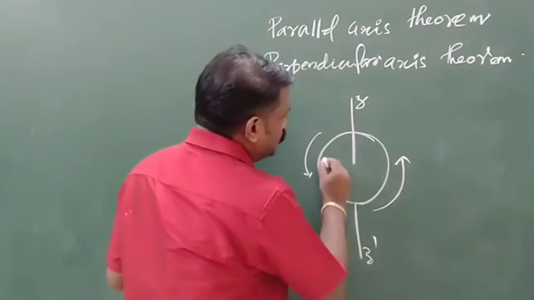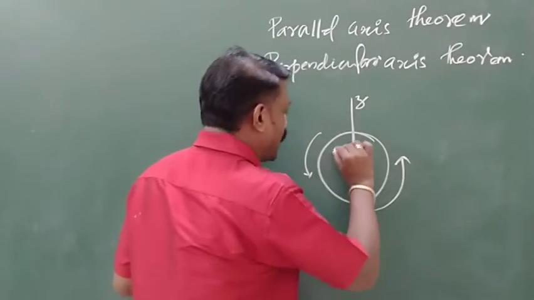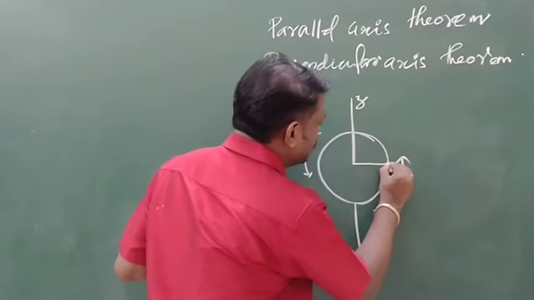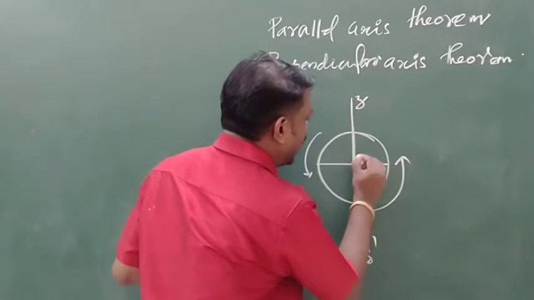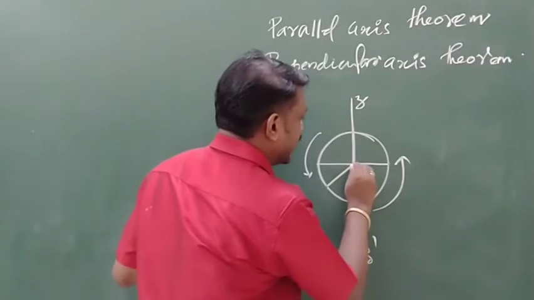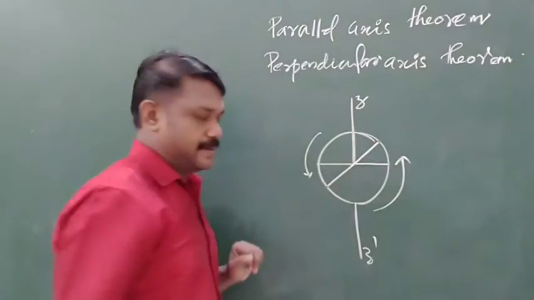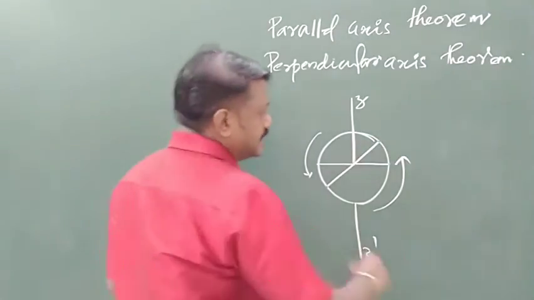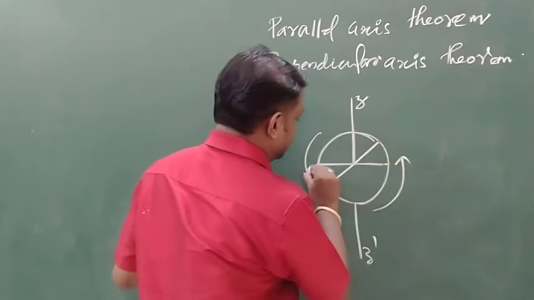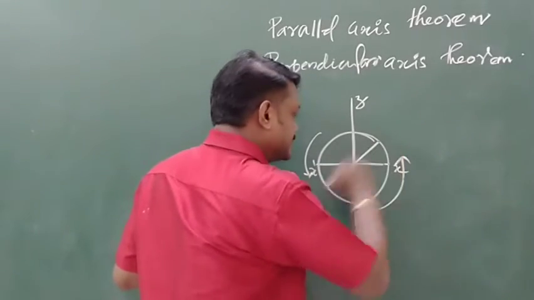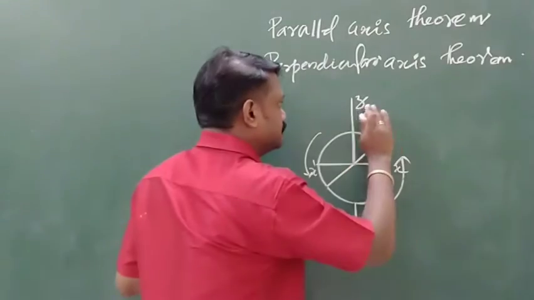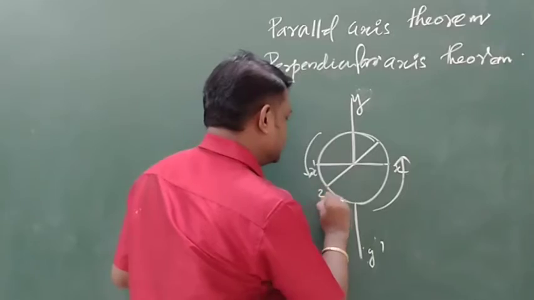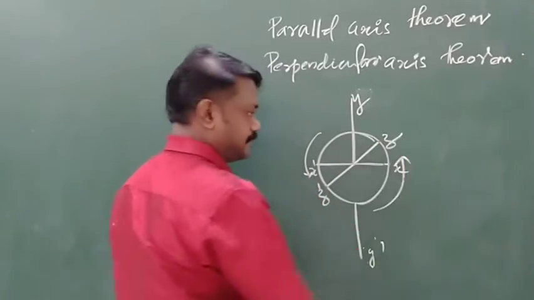For that, you keep another axis along the same plane of this lamina, and suppose this is taken along the x direction, x dash x, and this direction is taken as y dash, and this is z dash z.